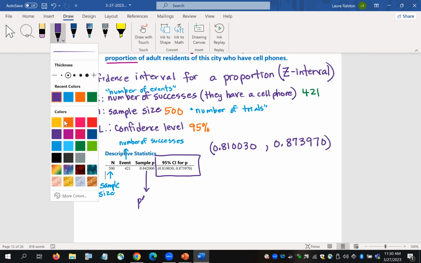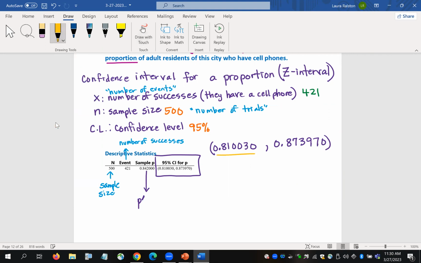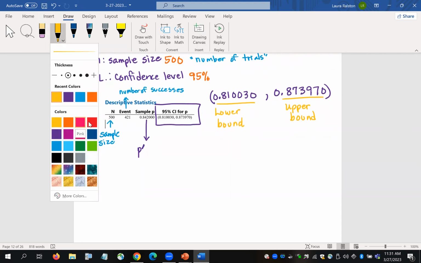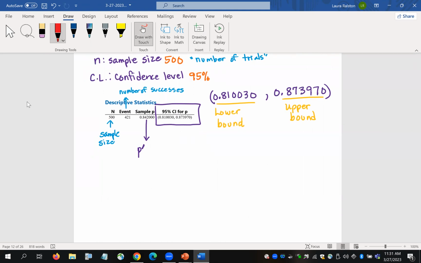The first number in the parenthesis is your lower bound. That's the smallest proportion it could be. The second number is your upper bound. Again, the questions will be formatted the same way as before. You're going to have a question that says, what is your lower bound?